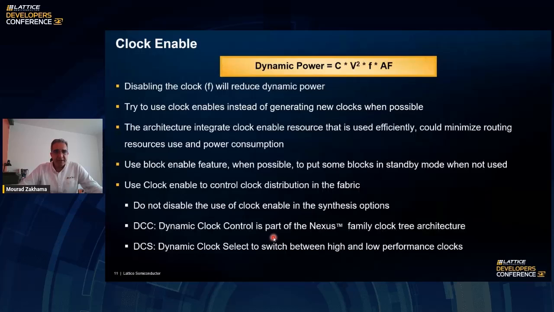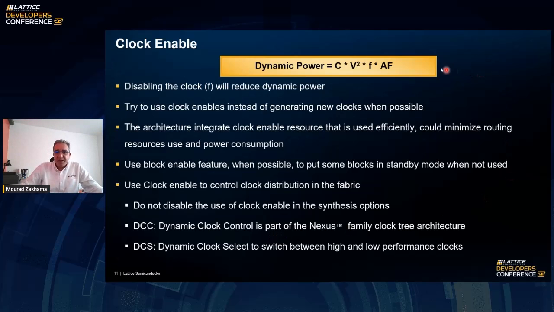Clock enable is another important factor that needs to be controlled. Remember the dynamic power is C multiplied by V squared multiplied by the frequency multiplied by the activity factor.